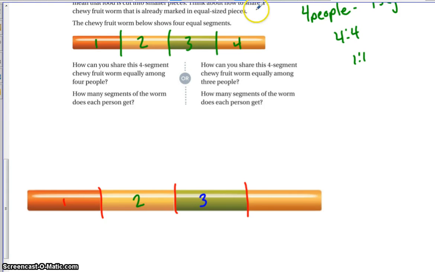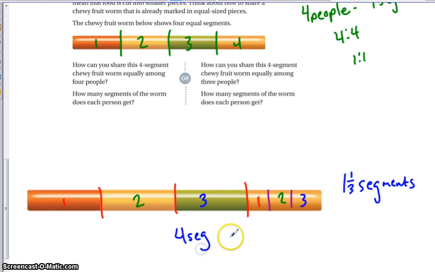So since I still have 3 people, I would divide this segment into thirds, and I would let person 1 have this third, person 2 have this third, and person 3 have this third, so that each person gets 1 and 1/3 segments. Okay? So this one, we would have 4 segments for 3 people.